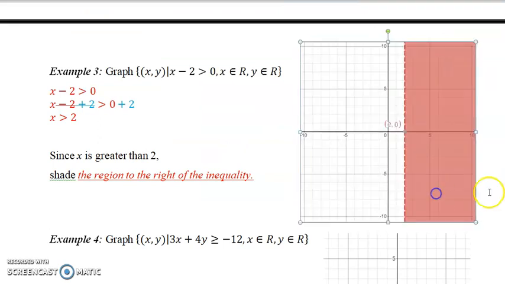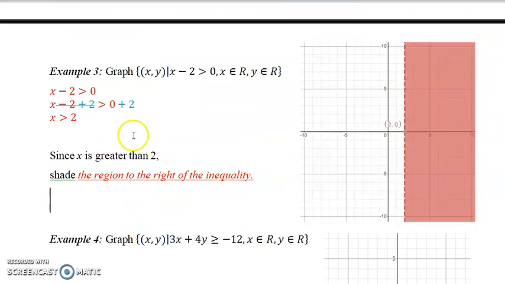I don't think you need a test point there. You can use one if you want, but it's quite obvious that since x is greater than 2, you're going to shade to the region on the right, or the plane, the half plane. And again, I know it's not cut in half, but remember, this is just a portion of the graph. It's infinite, right? X goes on forever up and to the right, negative 10 goes down forever down and to the left, right? Okay? There's the graph.